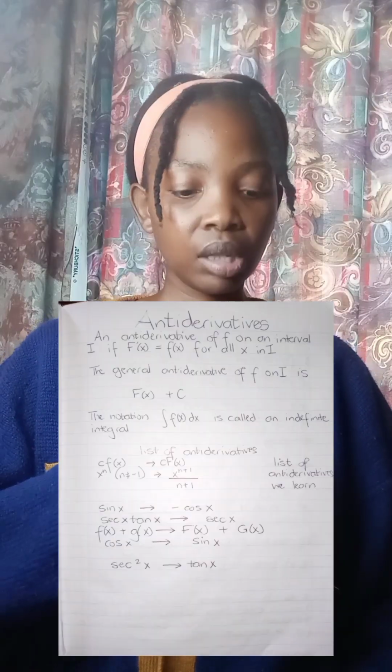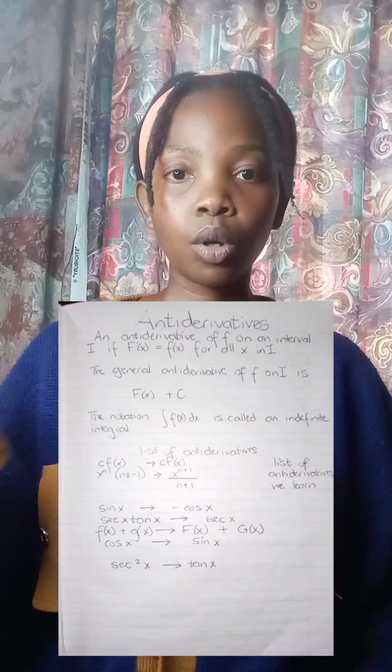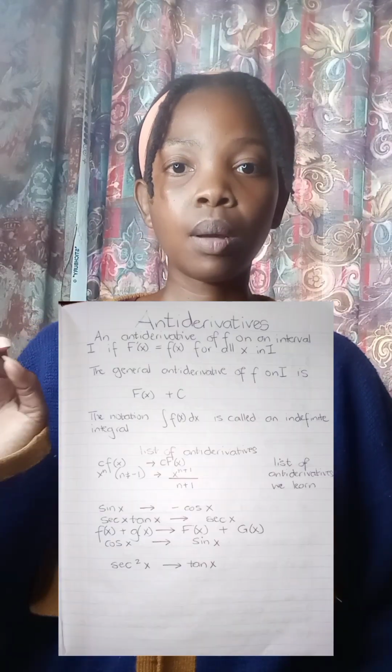it says the antiderivative of f of x plus g of x is equal to the antiderivative of f of x plus the antiderivative of g of x. This means you find the antiderivative of f of x, and then you add it to the antiderivative of g of x, if that is the sign in that function.